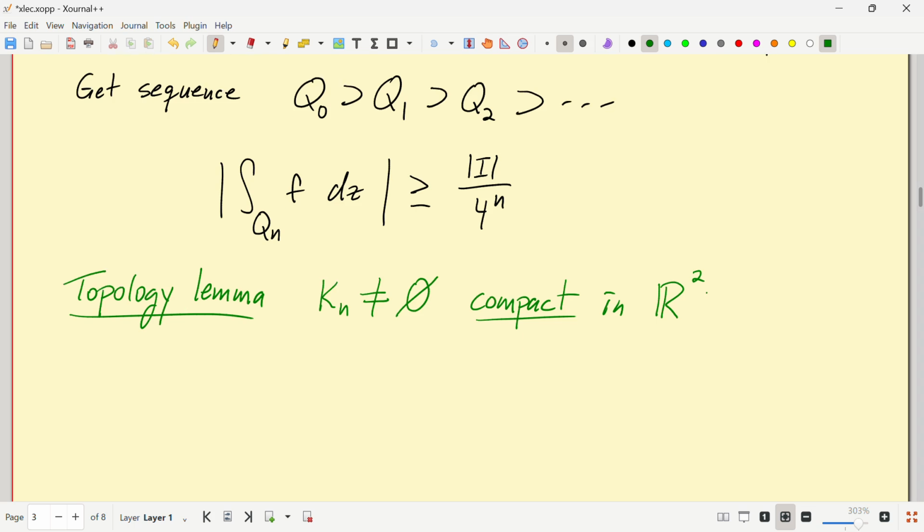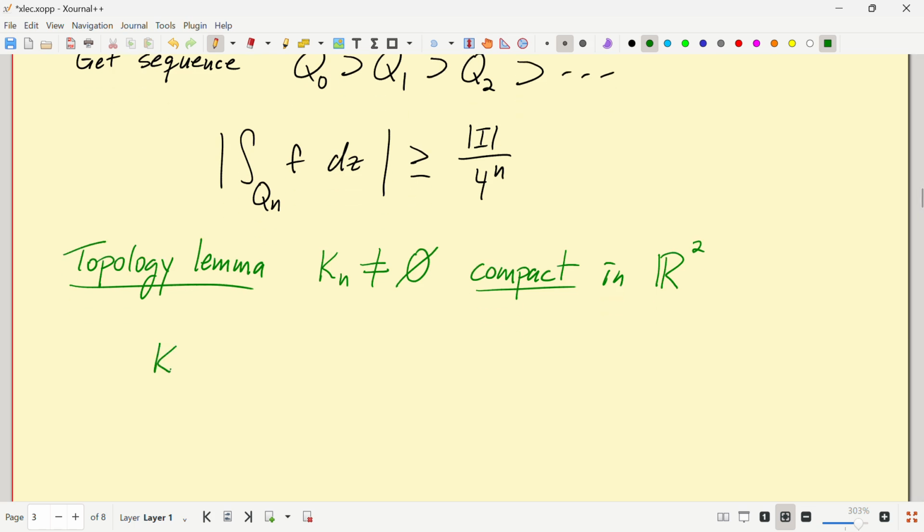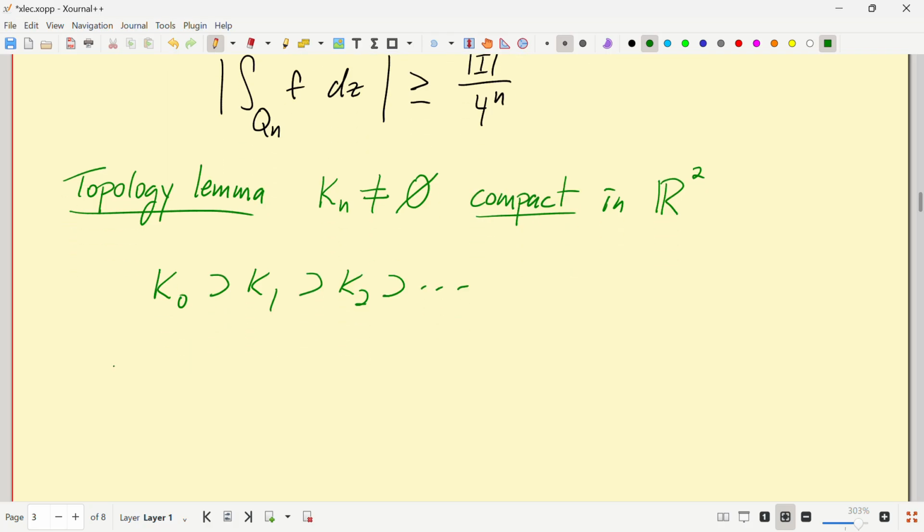And they're telescoping, meaning that K0 contains K1 contains K2, etc., then the conclusion of this lemma is that the intersection of those things is not empty.